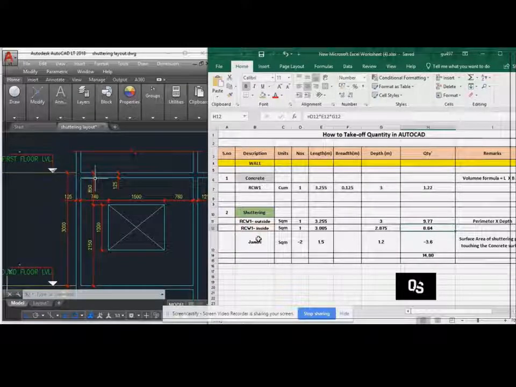This is mainly for the aluminum shuttering works. Generally aluminum shuttering works contain jambs shuttering, so that's why you are taking the jambs here. This is the deduction for that wall.